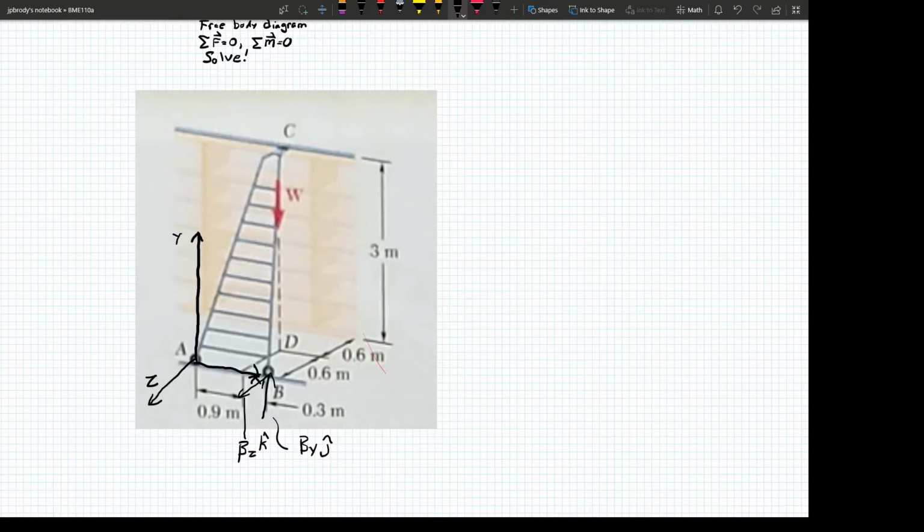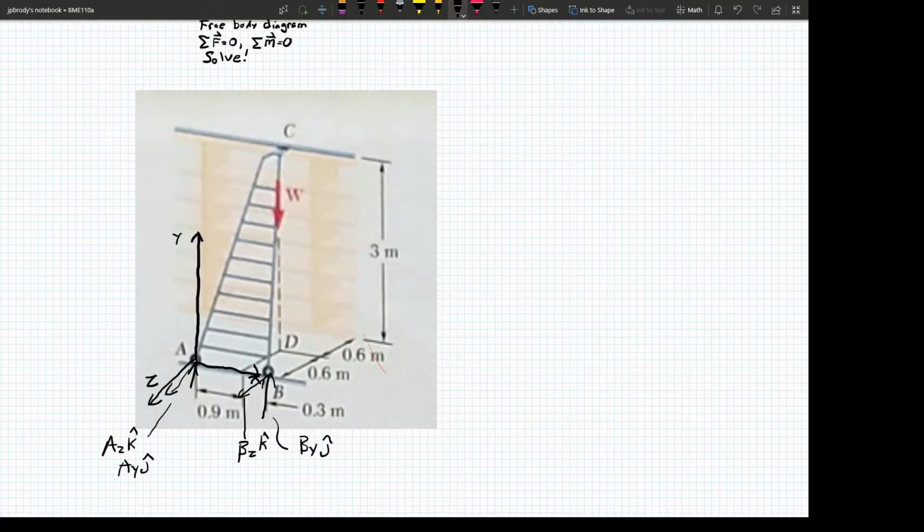And I've got the same thing at A. So I've got a force here and a force out this way. I'm just going to write these down here: A sub z in the k hat direction and A sub y in the j hat direction. So those are the reaction forces there.